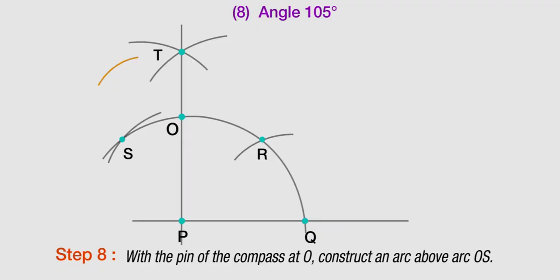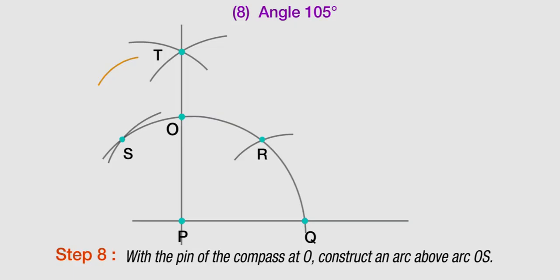Now we have to bisect the angle between the 60 degrees line and the 90 degrees line to get the angle 15 degrees, which we will add to 90 degrees to get 105 degrees. So with the compass point at O, construct an arc above the arc OS.